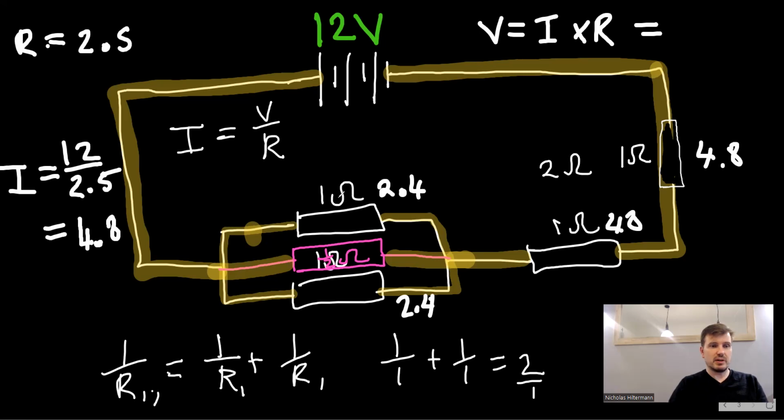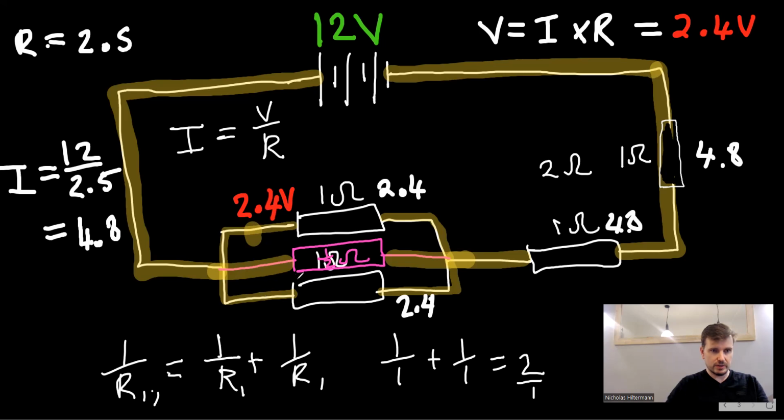It'll be on each one, right? So if I do current here at 4.8 and 1/2 an ohm, my volts is 2.4 volts, right? All right. So here I've got 2.4 volts.